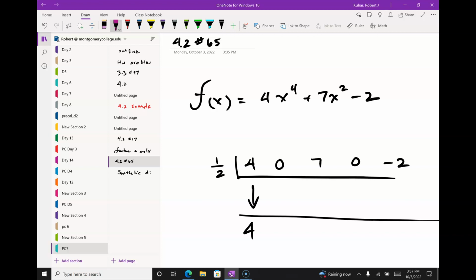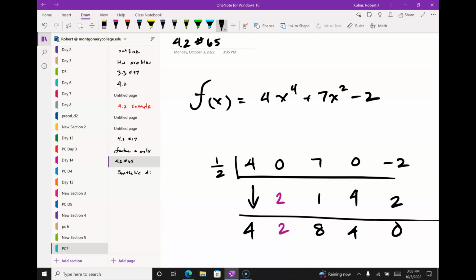Half of 4 is 2. 0 plus 2 is 2. Multiply: half of 2 is 1, add 7 to get 8. Half of 8 is 4. 4 plus 0 is 4. Half of 4 is 2. I better get a 0 there. I have to get a 0 for my remainder.